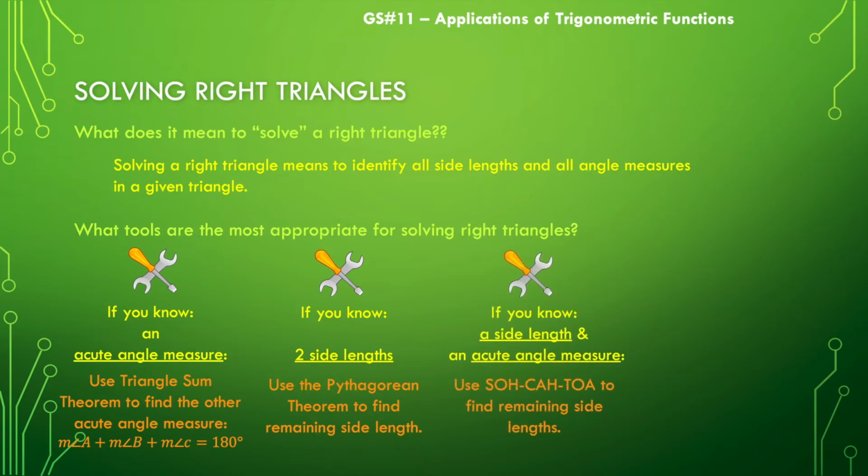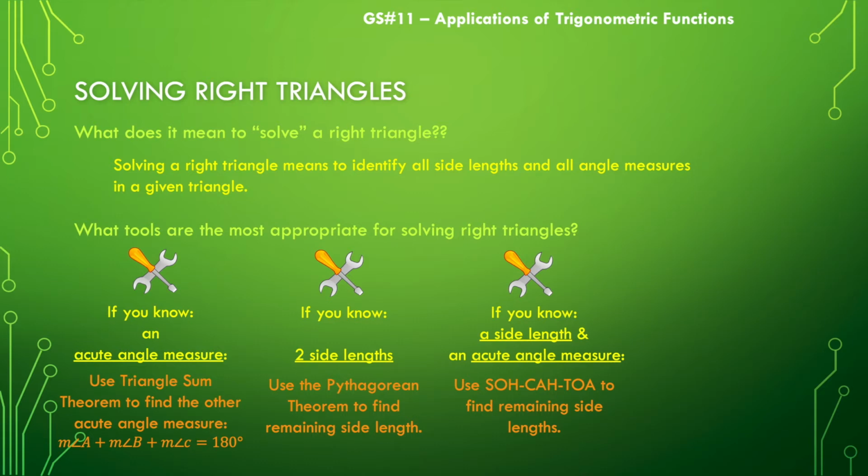Another tool that you might use, if you happen to know a side length and an acute angle measure, is what you know about right triangle trig. That's commonly known as SOHCAHTOA, right? The sine of an angle is the ratio of the opposite side over the hypotenuse. The cosine of an angle is the ratio of the adjacent side over the hypotenuse.